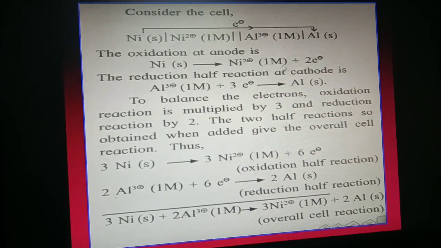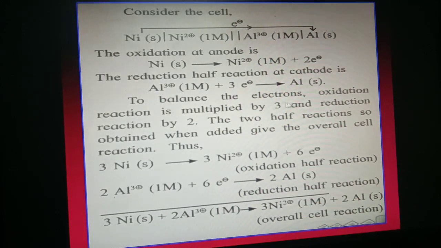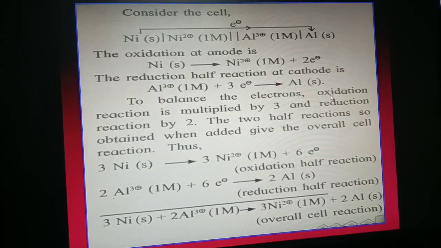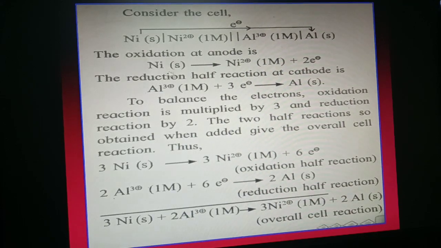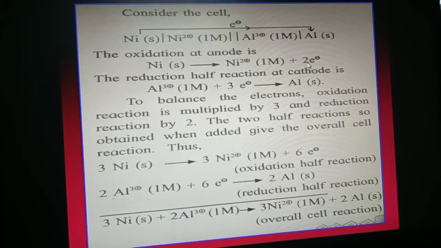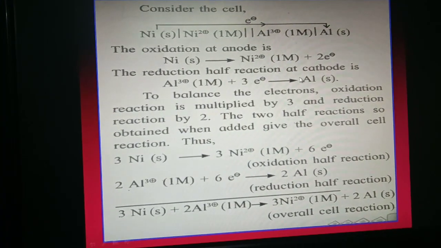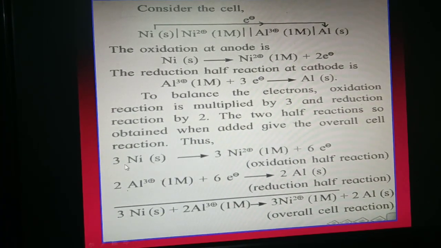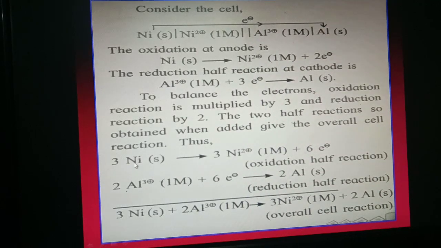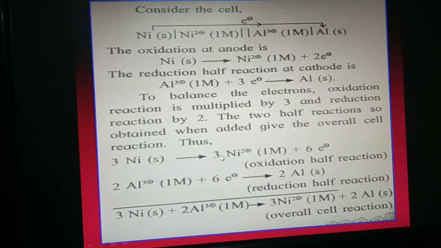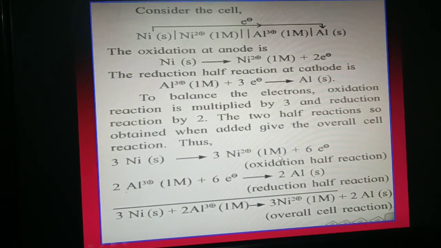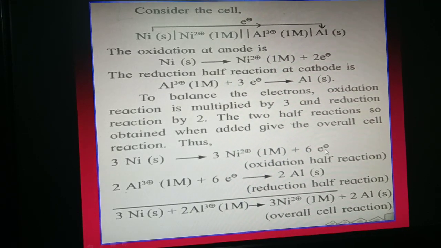So in order to balance the electrons, we need to multiply the first reaction by 3 and the second reaction by 2. So we get the following reactions. 3 Ni solid gives 3 Ni2+ plus 6 electrons.